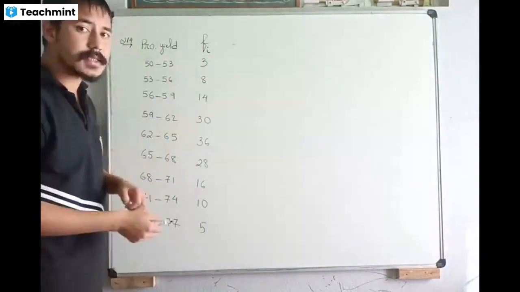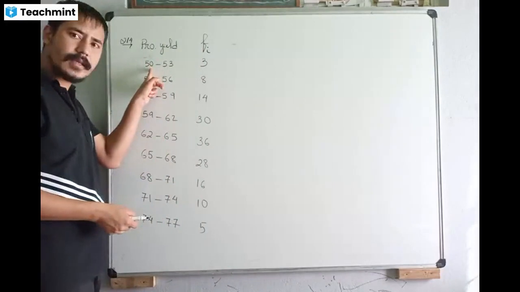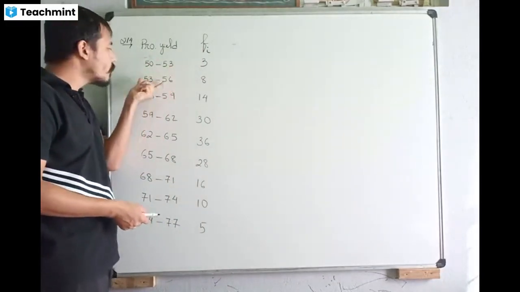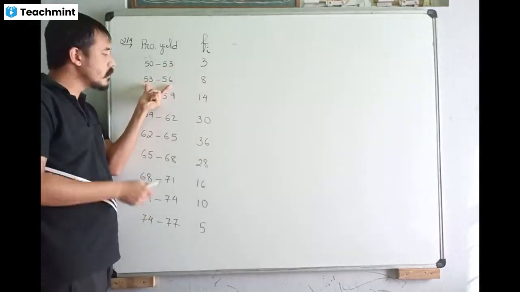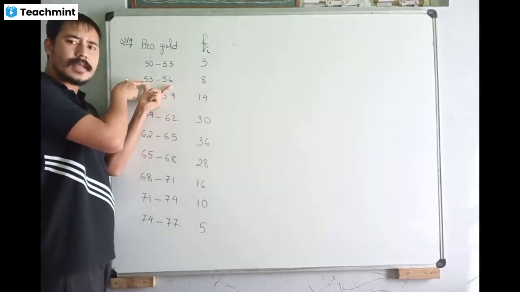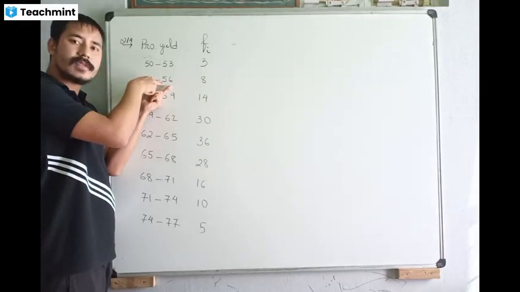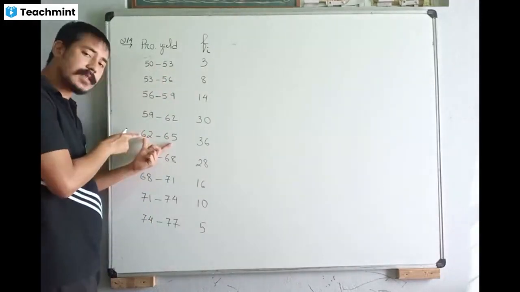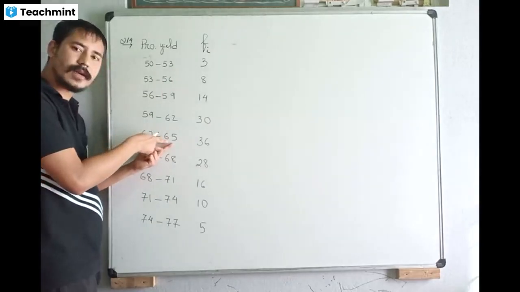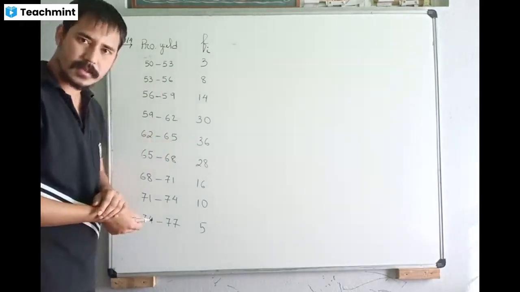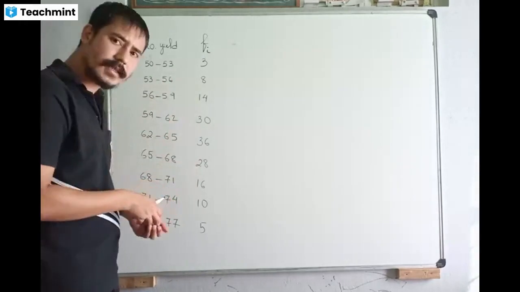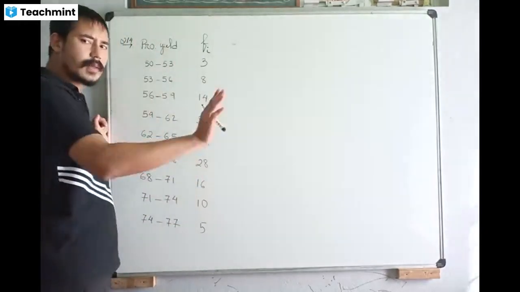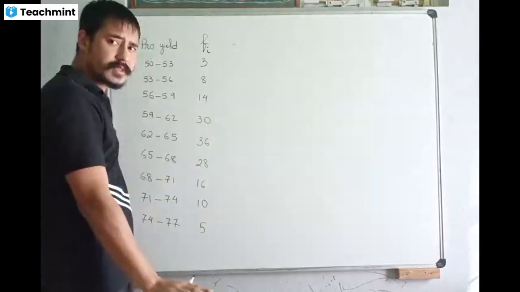In every class interval, we have a lowest observation and a highest observation. For this group, the lowest item is 53, the highest item is 56. For this group, the lowest item is 62, the highest item is 65, and so on. Just say groups.